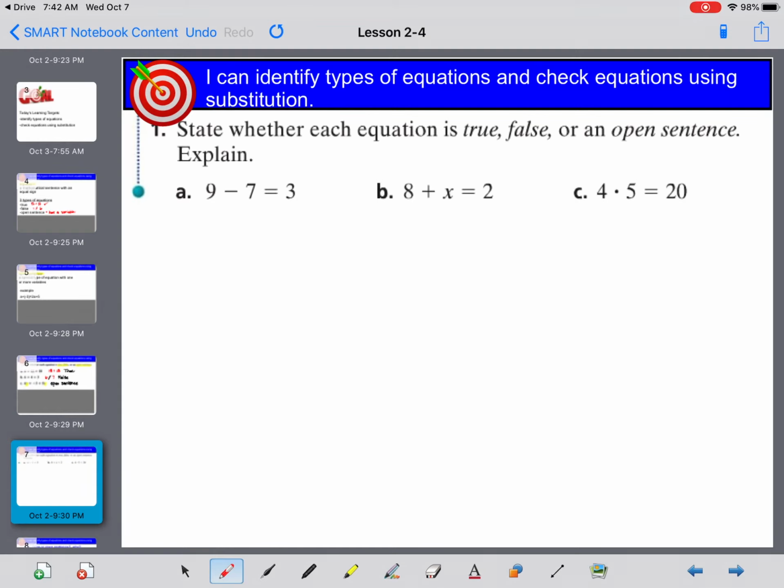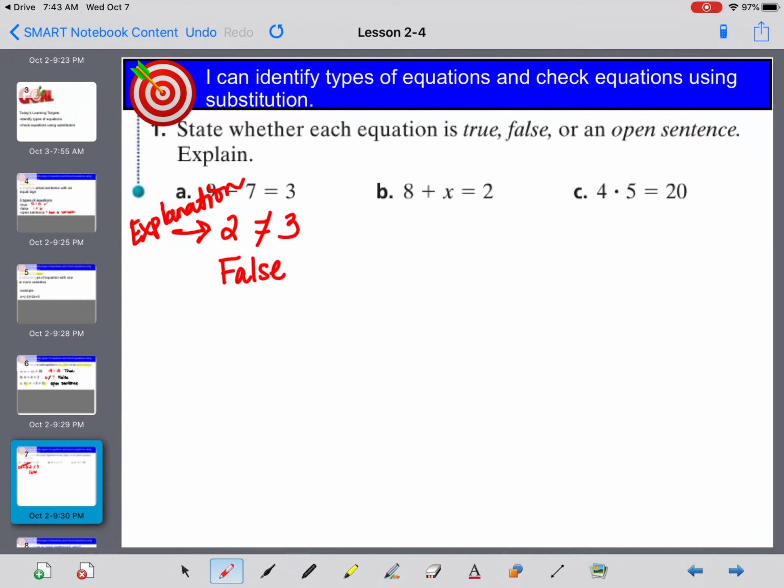All right, hopefully you had enough time to try these 3 problems. The first one, 2 equals 3, is not true, so I say false. It asks me to explain. This is your explanation. That is okay to just use this as your explanation.